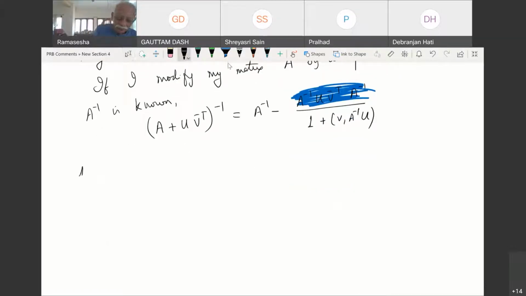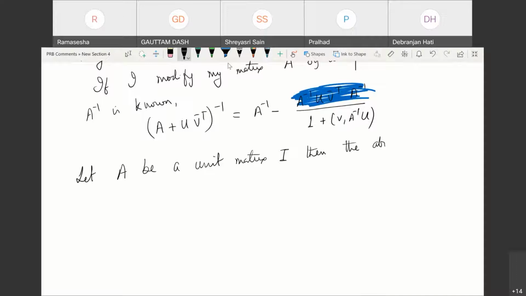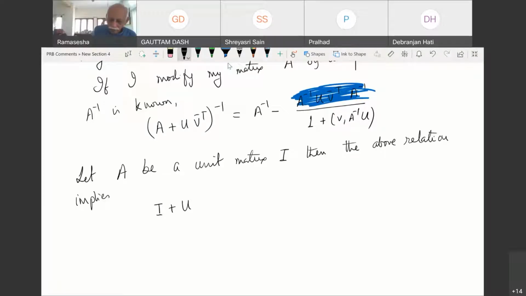Okay, so let A be a unit matrix, I. Then the above relation implies that the inverse of I plus U V bar transpose is, if A is equal to I, A inverse is also I, so it is I minus U V bar transpose divided by 1 plus ⟨V, U⟩.